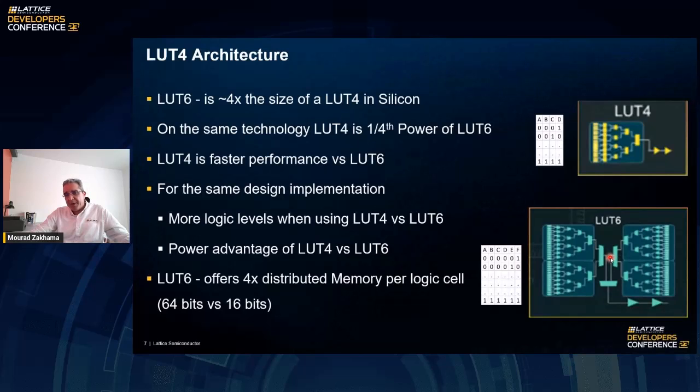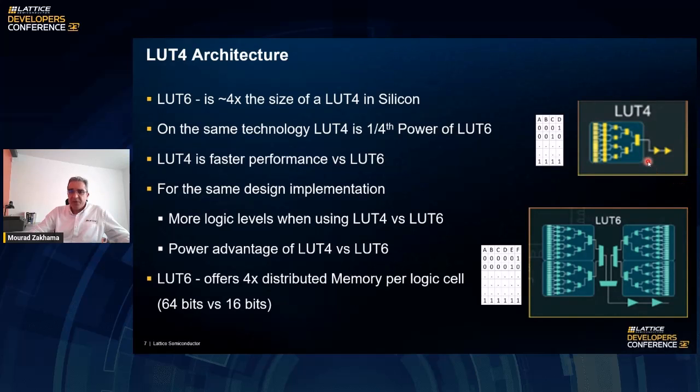So you end up using fewer of these, but they have a bigger footprint. But in the end, for a design, you will have lower power overall if you hit the required performance with the LUT4 implementation, because LUT4 is lower power.